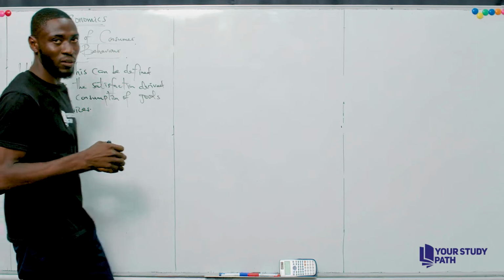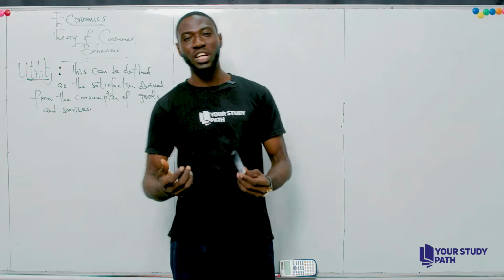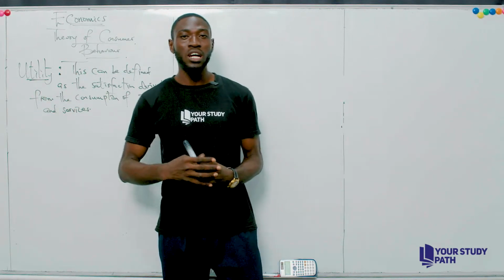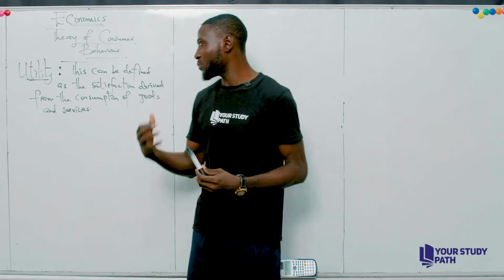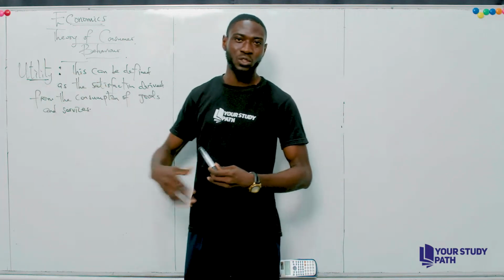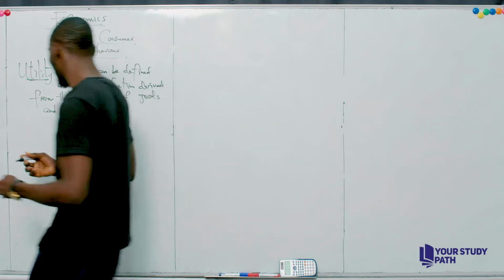Now, looking at utility, it is telling us the satisfaction we derive from what? From consuming various goods and services. This brings us to the fact that utility can have various types. So we move on to the types of utility.